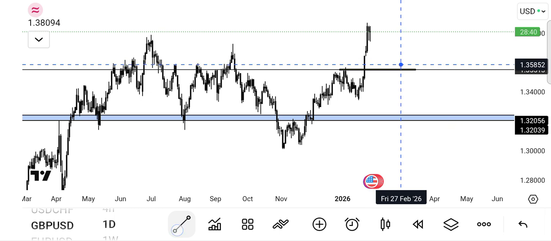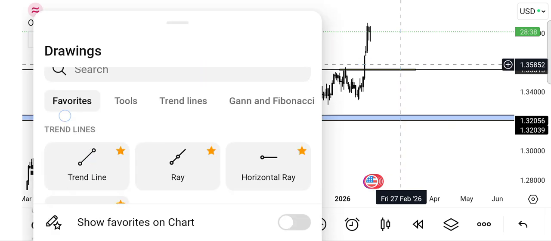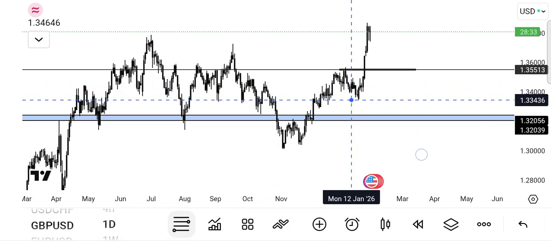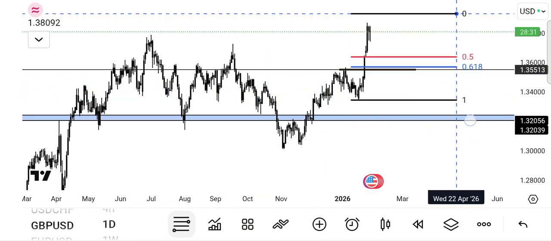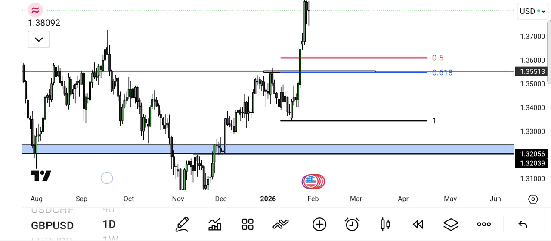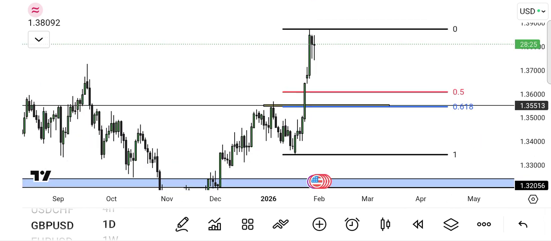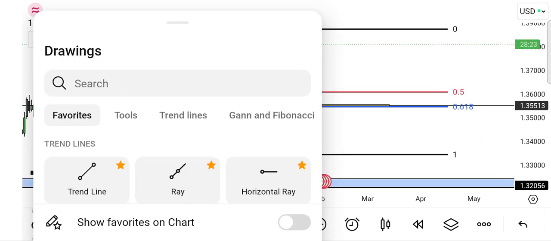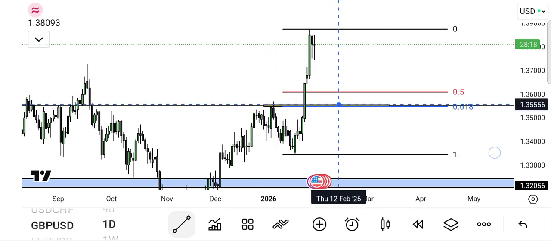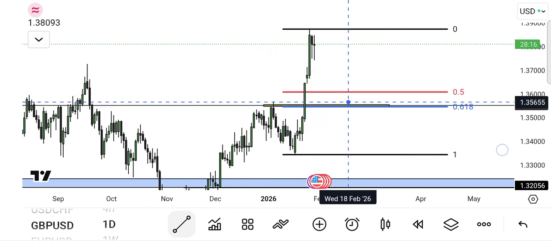Now, if we draw our Fibonacci from the tip of this swing low to the swing high, we will find out that market created a very nice point. Market also intersects together with the neckline point of interest, that is the support zone.